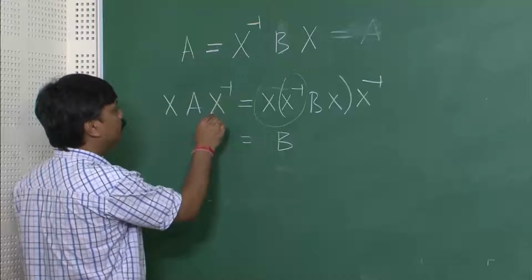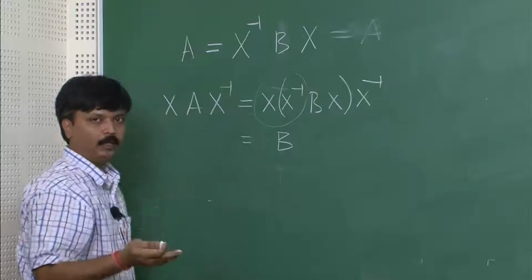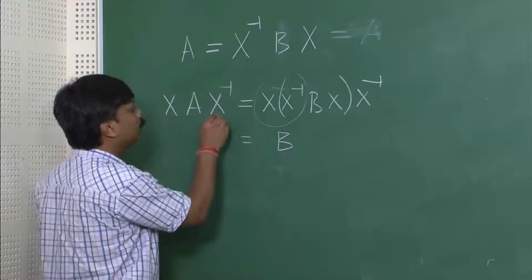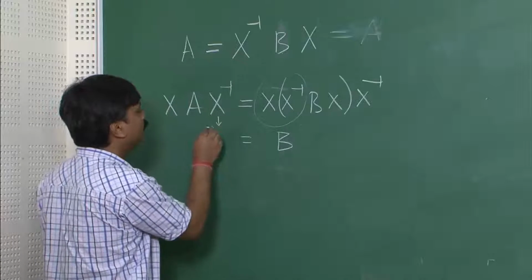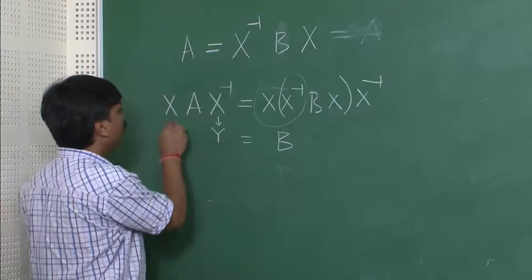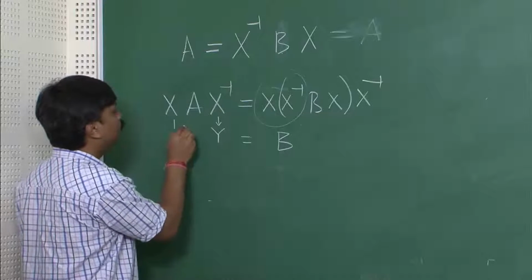Now in this group every element will have its own unique inverse. So there will be some element y which is the inverse of x, correct? And therefore y inverse will be x.